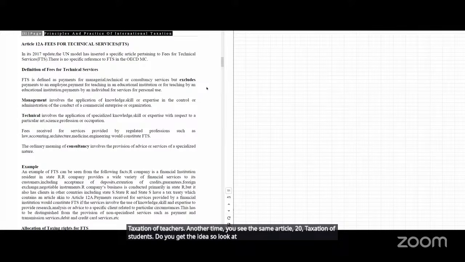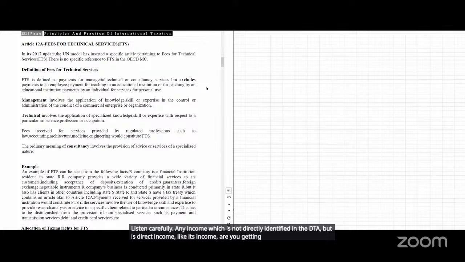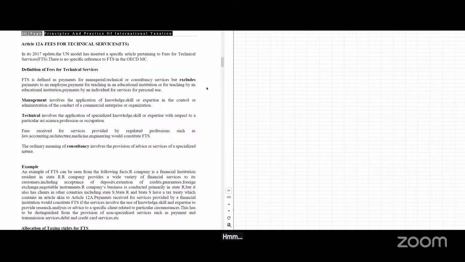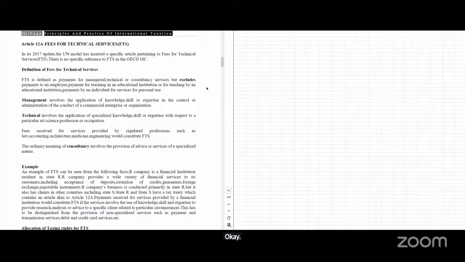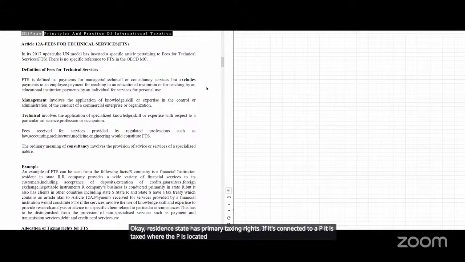And any income which is not directly identified in the DTA, listen carefully, but is direct income, it will be taxed by the resident state. But if it is connected to a PE, it will be taxed where the PE is located. That's how we tax other income, and that's under Article 21. Resident state has primary taxing right. If it's connected to a PE, it is taxed where the PE is located. Simple.